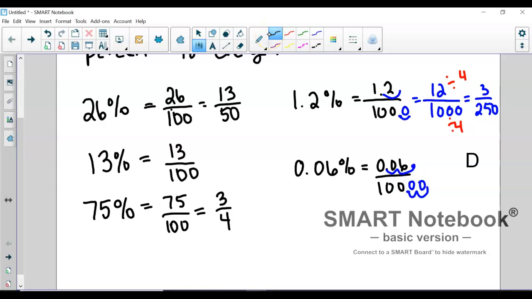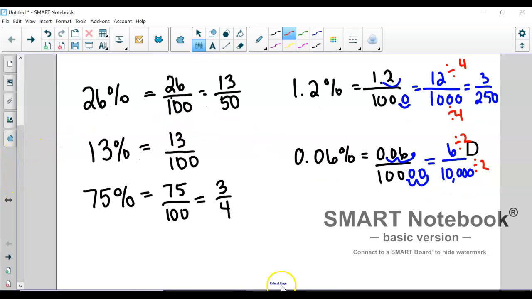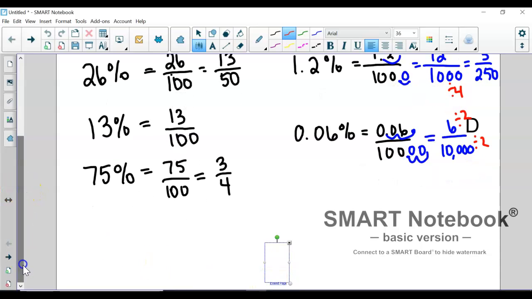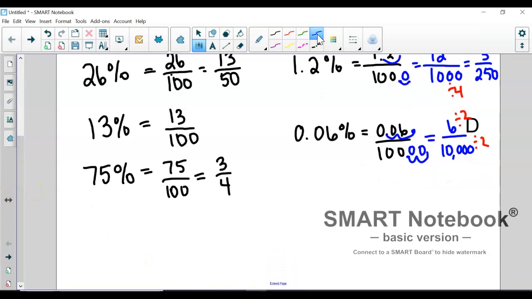That's going to give me 6 over 10,000. And both of those numbers are divisible by 2. So if I want to reduce it, I could divide by 2 here and divide by 2 here. And that is going to give me 3 out of 5,000.